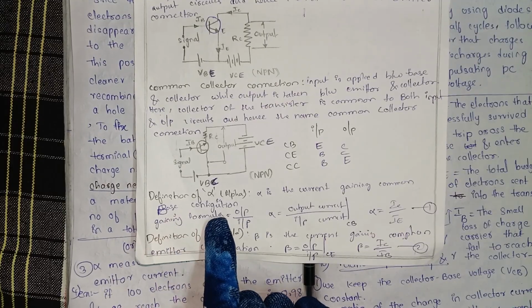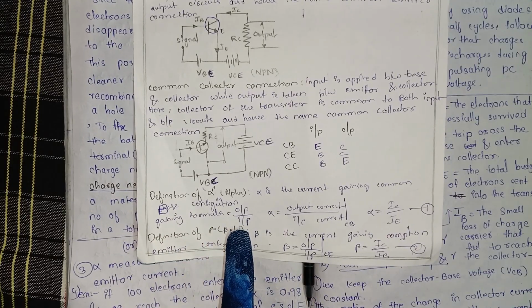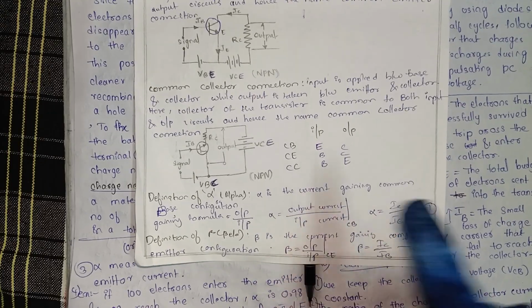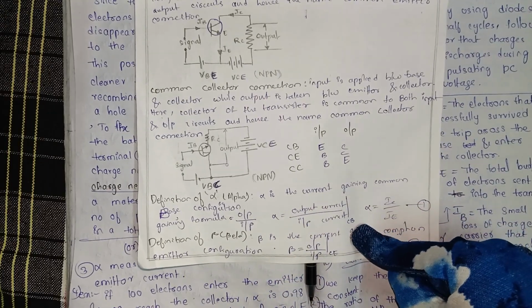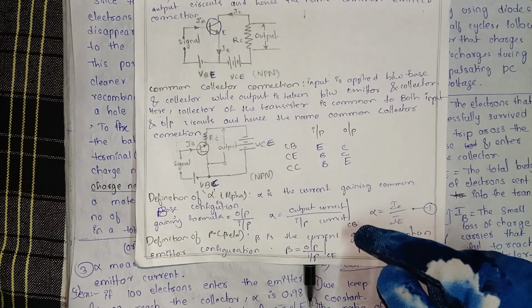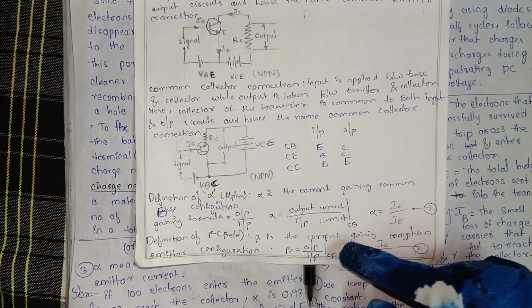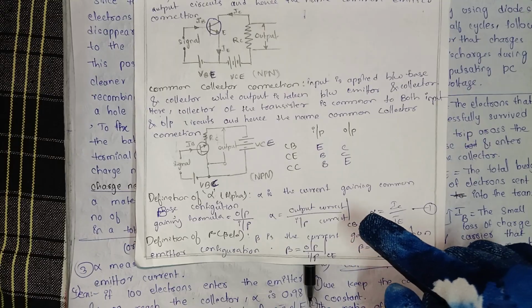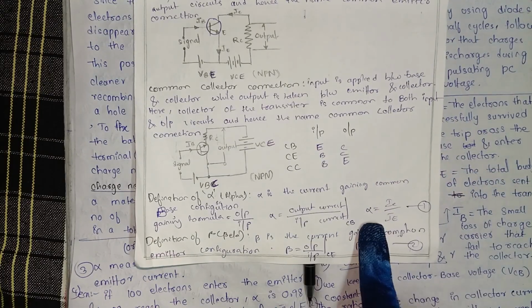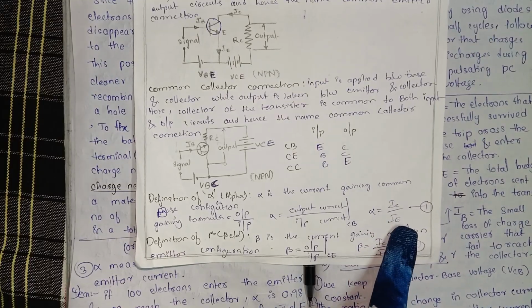The gain formula is output by input, so alpha is equal to output current by input current, when VCB, the collector-base voltage, is kept constant. So alpha is equal to IC by IE.